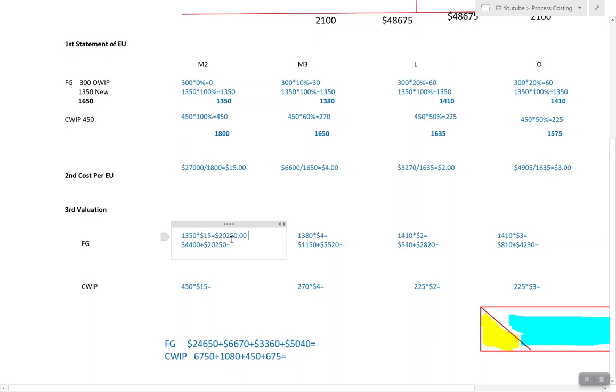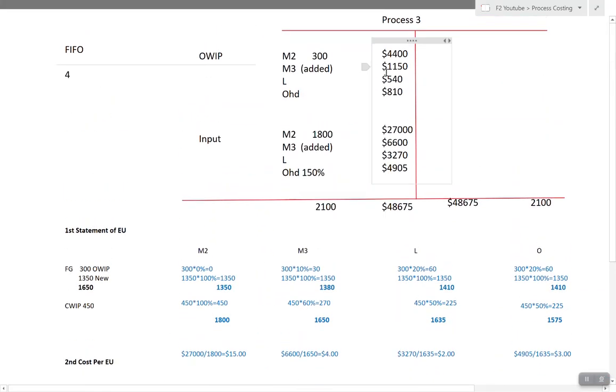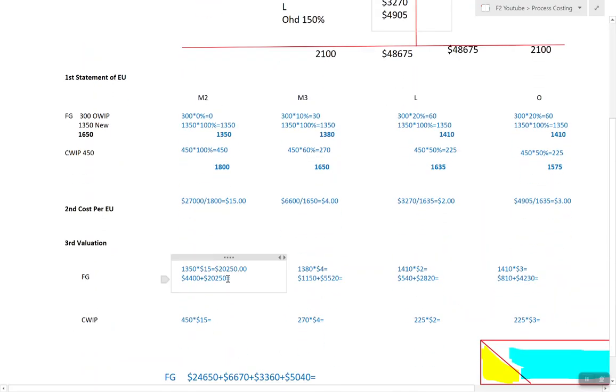Now with this 20,250, we add the 4,400 cost, the opening. Why? Because those units went to the finished goods. So the cost of them will also go to the finished goods. So when we add it together, we have 24,650.